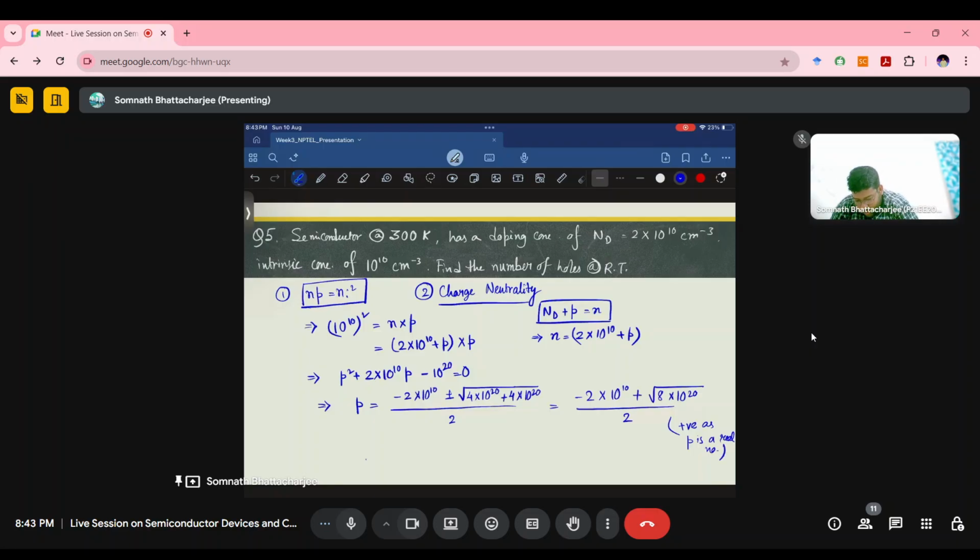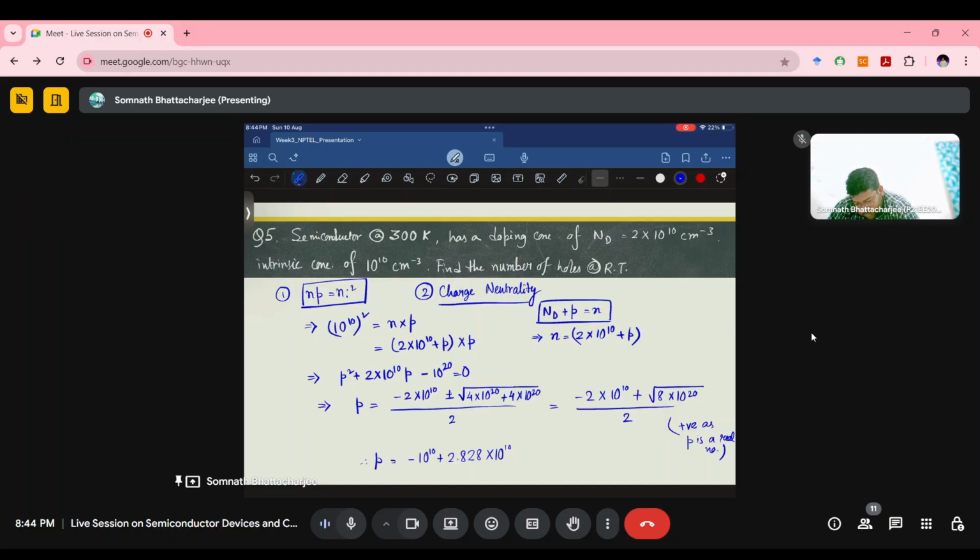Okay, so we can get the value of p as, just where is my calculator, root over 8. So this would be minus 10 to the power of 10 plus 2.828 into 10 to the power of 10, right?